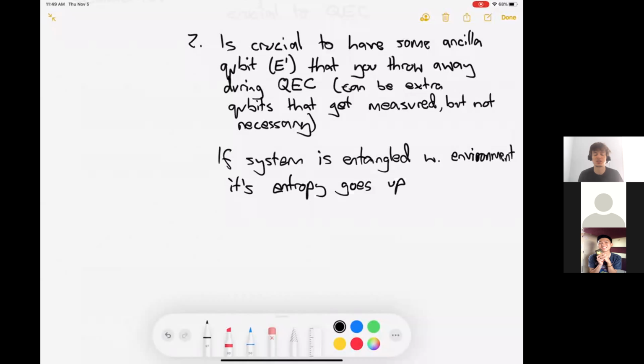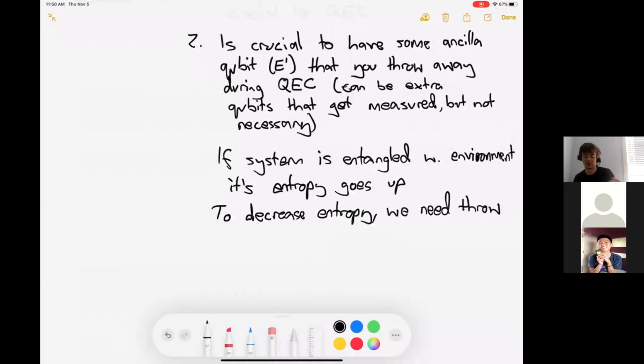But if we're going to do error correction, we need that entropy to go back down. So to decrease the entropy again, we need to throw away the entropy that we previously had.